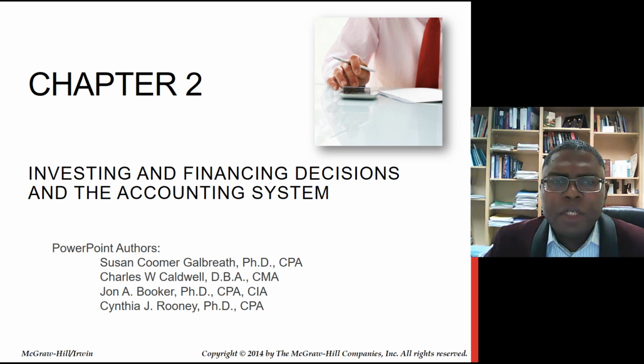In this chapter, we just want to focus on the effects of investing and financing decisions on the accounting system, how these decisions are going to affect the recording of information in the accounting system, and how ultimately we develop the balance sheet or the financial statement.